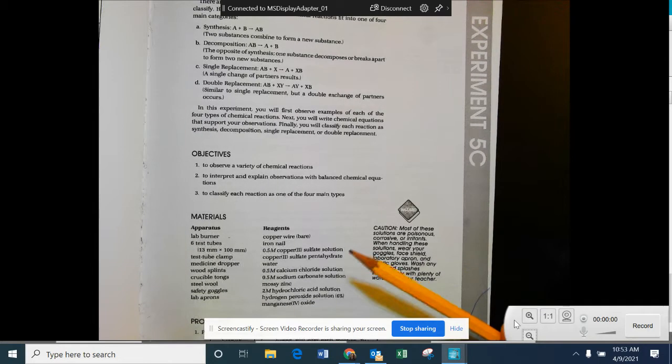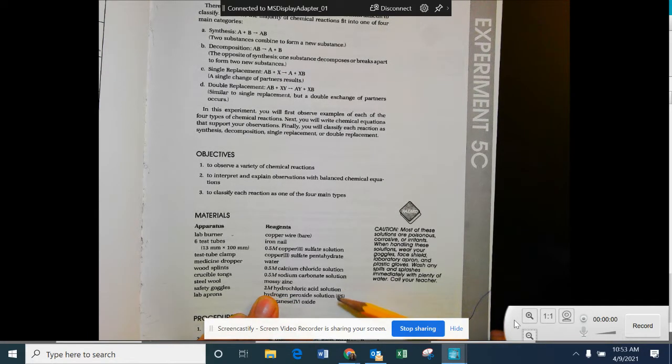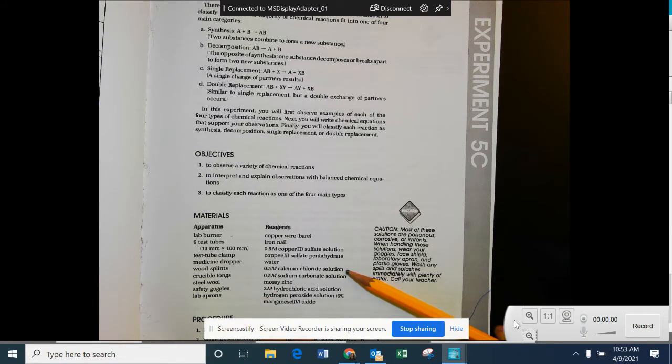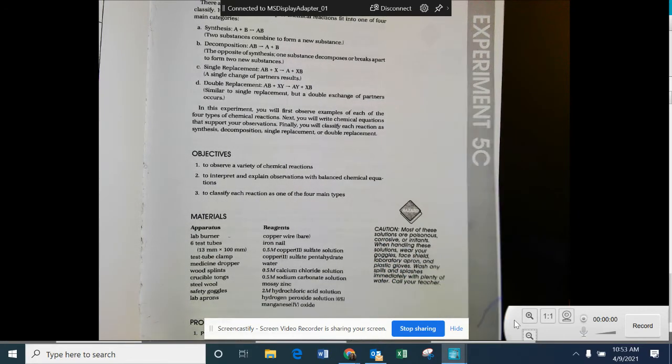Because we'll be working with hydrochloric acid, which is very corrosive, and it is 2 molar, which is a fairly high concentration. Calcium chloride is pretty chill. Copper 2 sulfate is poisonous, and I think magnesium oxide is as well. So we're just going to be really nice and careful with all of these. Wash our hands really thoroughly after we're done.